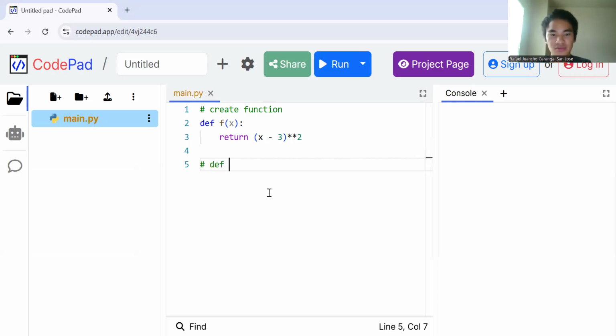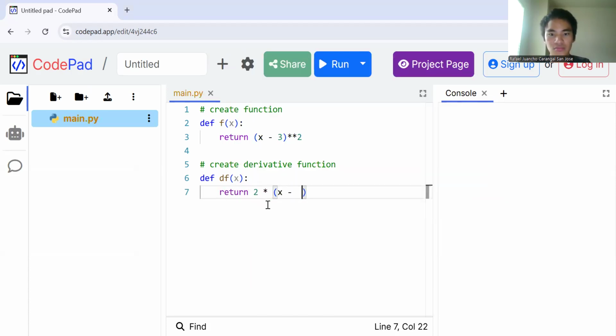And so how do we do that? So we just do df, I guess. So here I'm going to define its derivative. We're also going to input some x. And then this is going to return me 2 times x minus 3, right? That's the derivative.